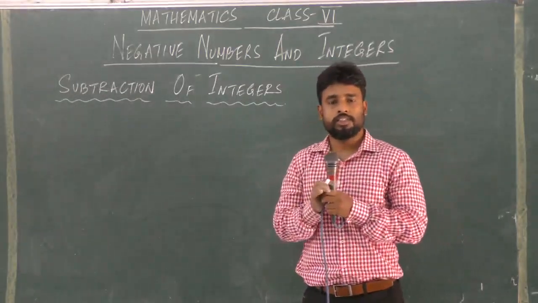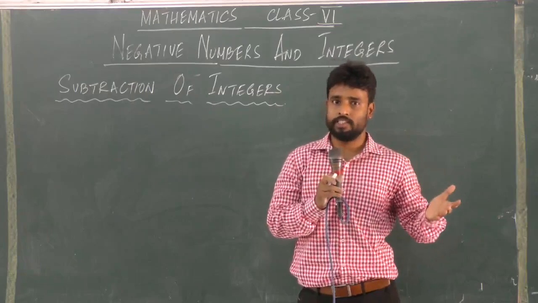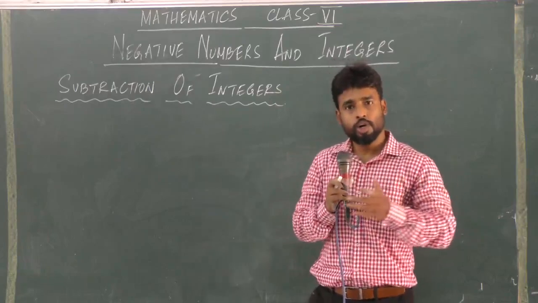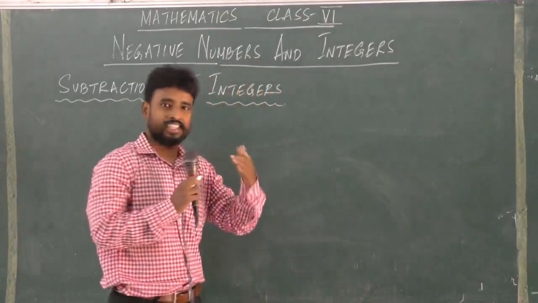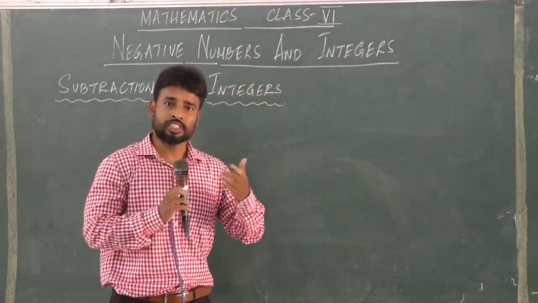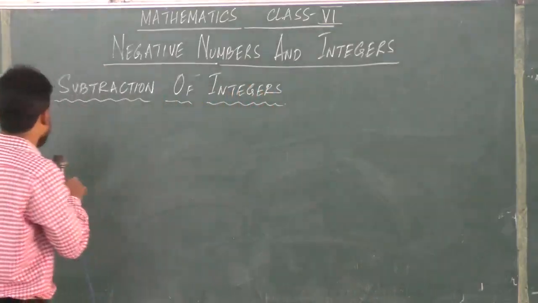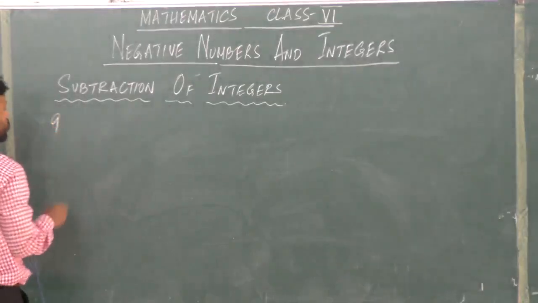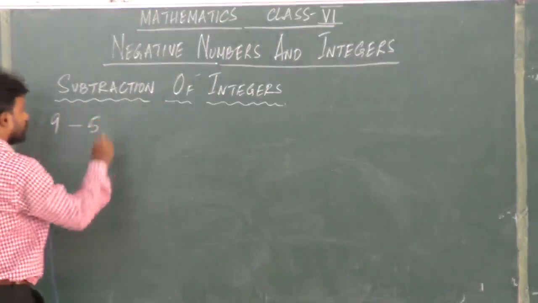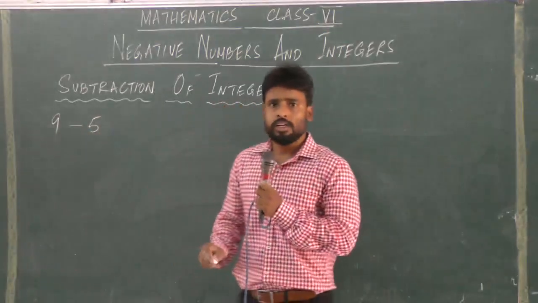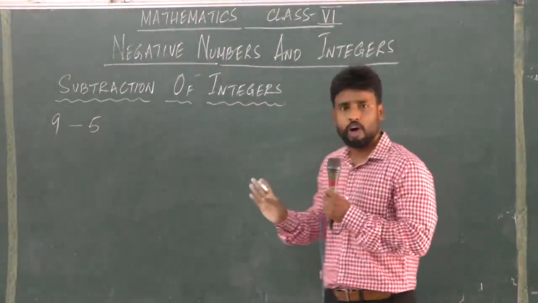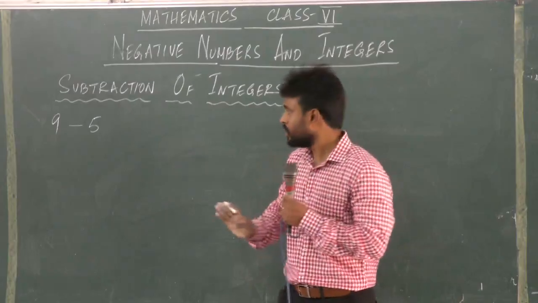As we know, subtraction is the opposite of addition. So here also, let us take an example and we'll understand how to subtract numbers. Suppose we want to subtract 5 from 9. Okay?